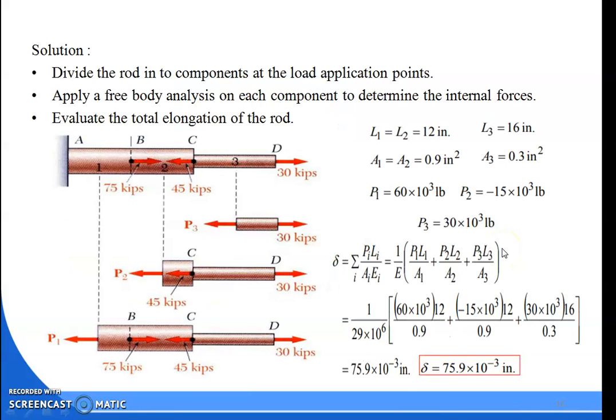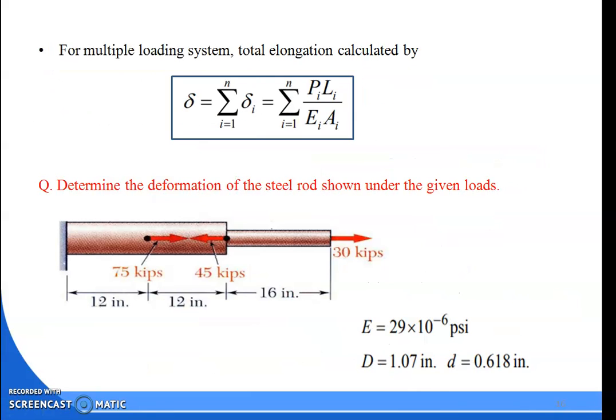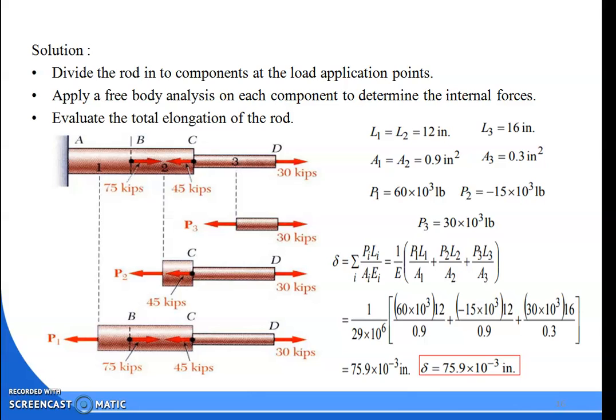By putting the value in pi by 4 d square for sections 1 and 2, we get the same value, 0.9 inch squared. Same for section 3, you put the formula pi by 4 into d square, and in place of d you put 0.618 squared. Hence, the value of area 3 is equal to 0.3 inch squared.